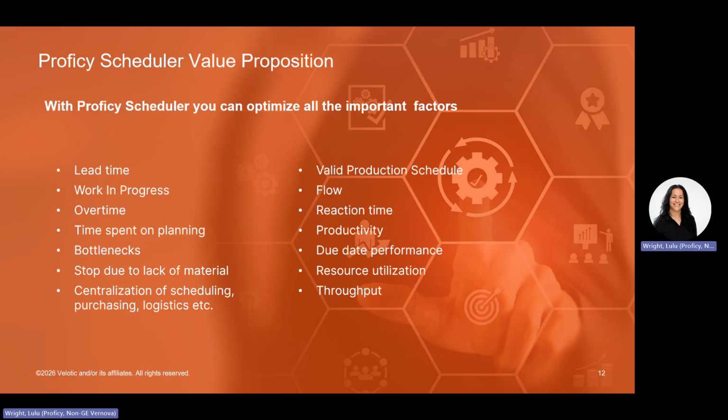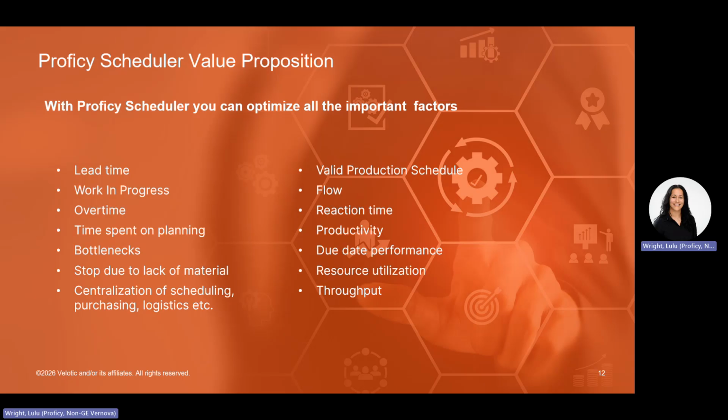The value proposition of Prophecy Scheduler: it can help optimize several very important and relevant factors, such as lead time and work in progress, such as the time spent on planning. Time and time again, we are on site, we discuss scheduler, and we hear from planners about the significant amount of time they spend creating these schedules and sharing them.